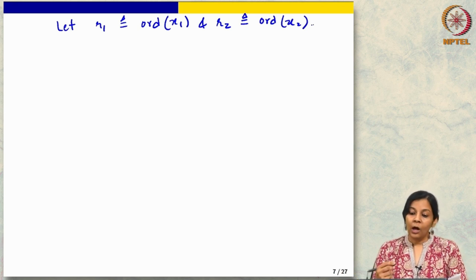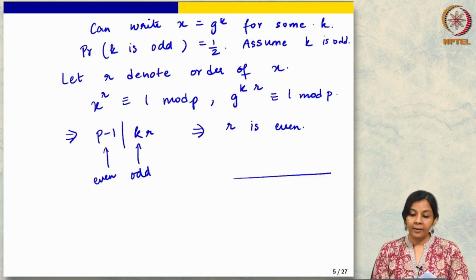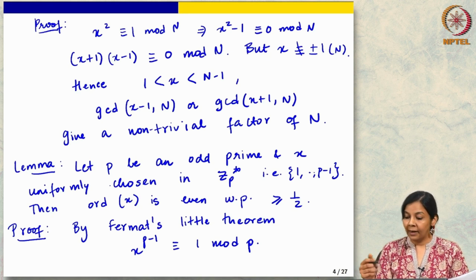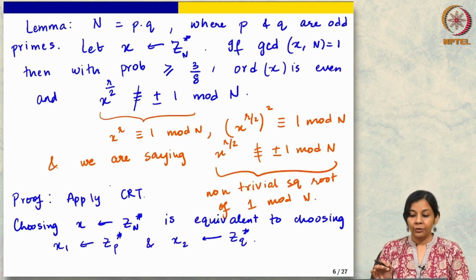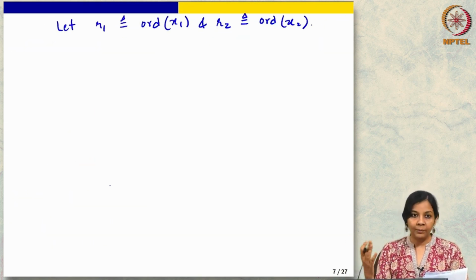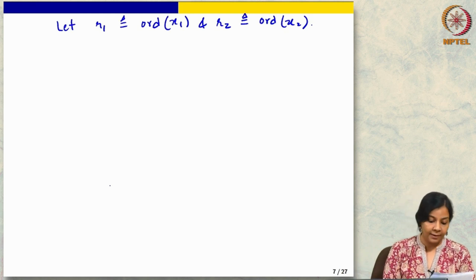Now, what was our previous lemma? Our previous lemma says that if p is an odd prime and I choose x randomly from Zp star, then the order of x is even with probability at least a half. So let us use that. Now we are choosing x1 and x2 randomly from Zp star and Zq star, so we can apply this lemma.